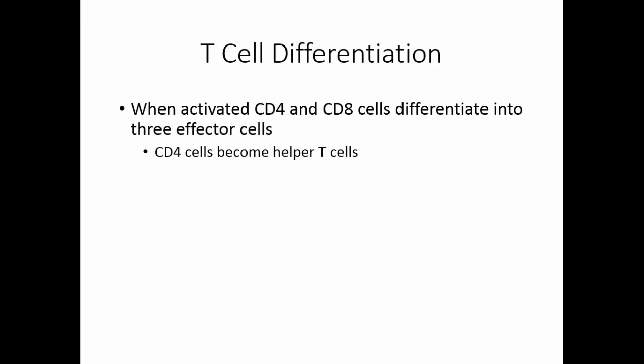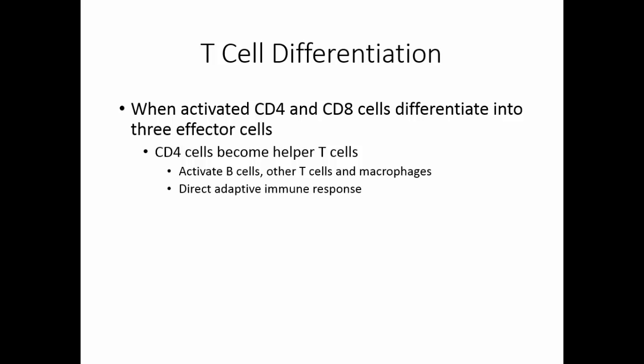CD4 cells become some sort of helper T cell, and there are subsets of helper T cells. Helper T cells can activate B cells, they can activate other T cells like the CD8 cells, and they can activate macrophages. They also are important in directing the adaptive immune response.